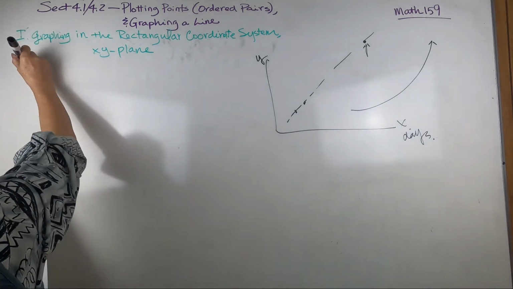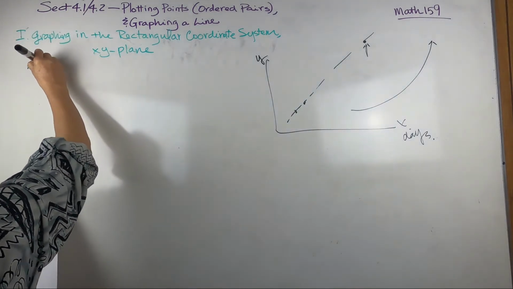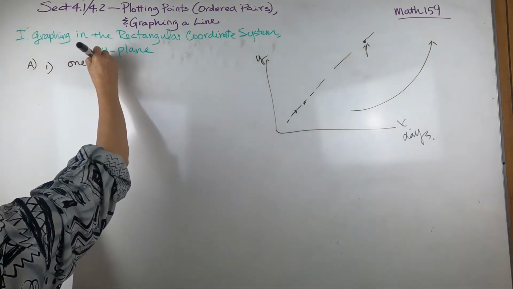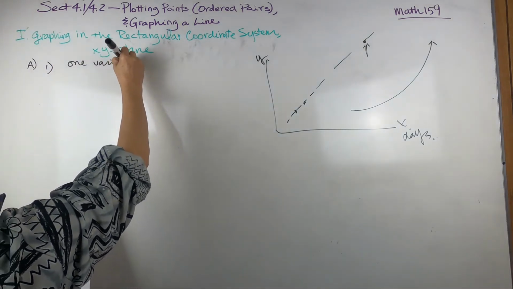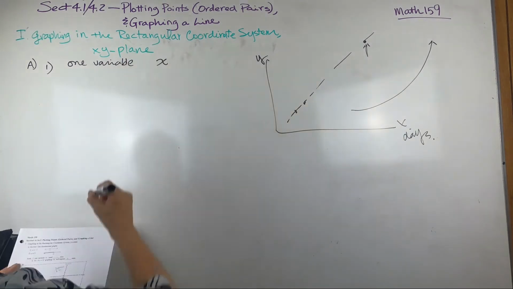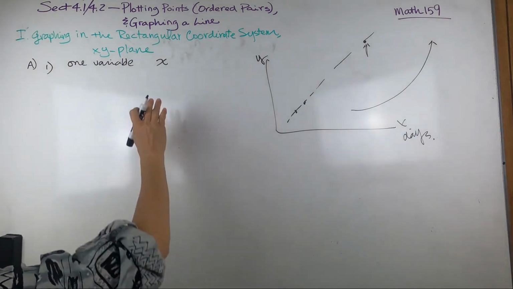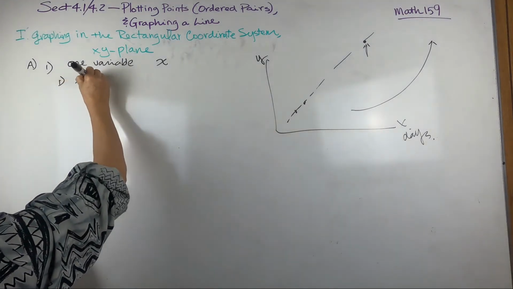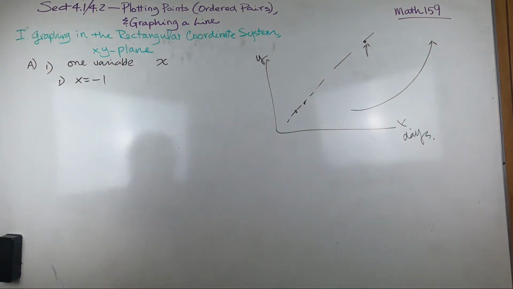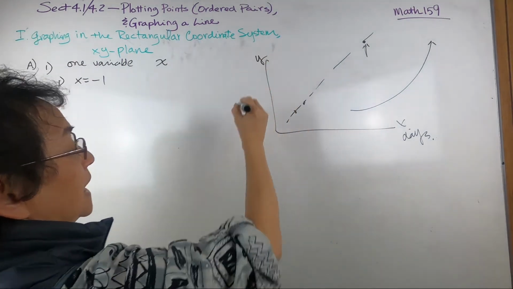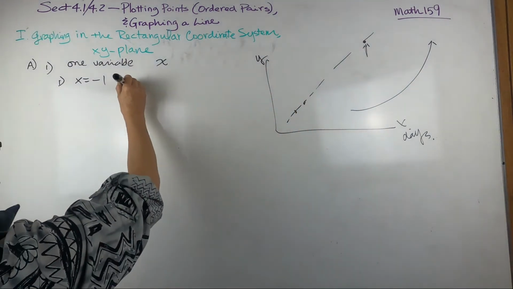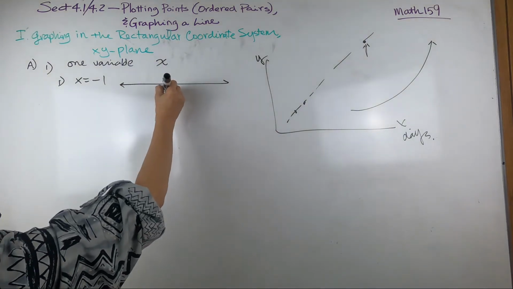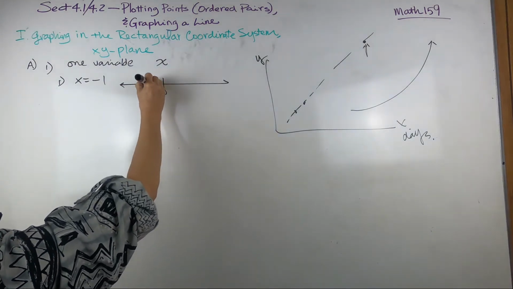Okay? So before we did this, if we just deal with one variable X, we do a one-dimensional graph. So if I have X equals -1, one-dimensional, you don't have X and Y axes. You only have what? The X axis, right? So we say 0 is here, then -1 would be here.